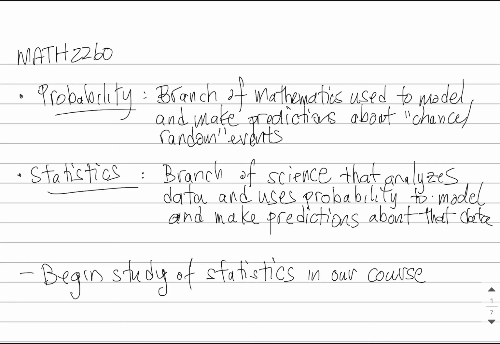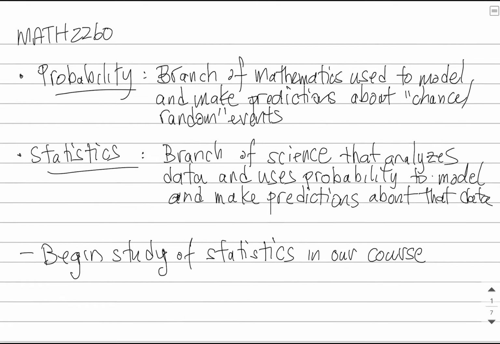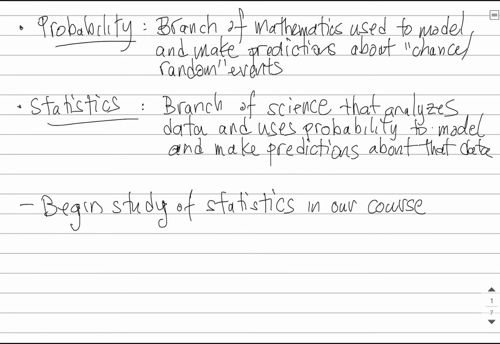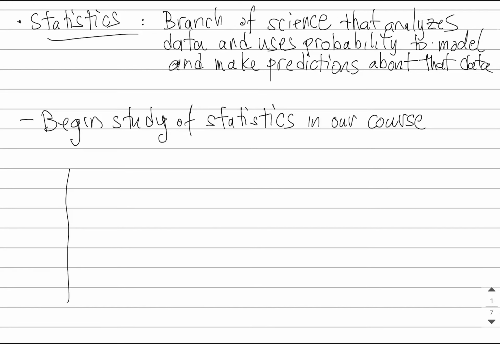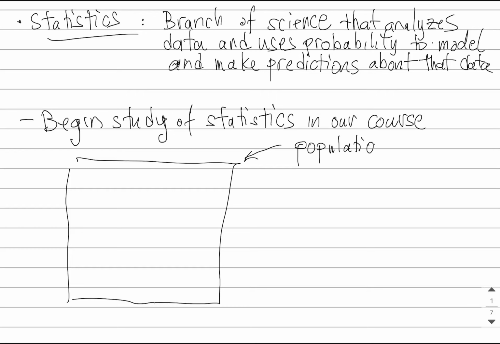So all of the tools that we've learned about in probability are going to come into play while we start our discussion of statistics. We're going to consider a population. Now, a population is going to be filled with different individuals.